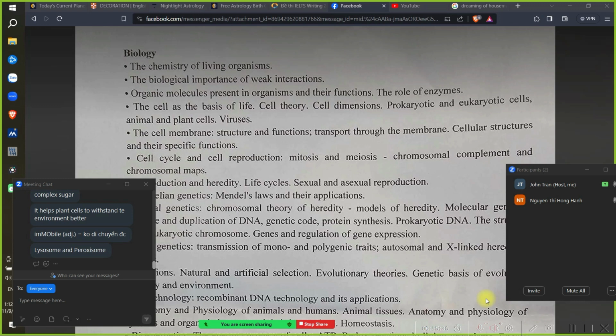There are a few phases within interphase. We have the growth phase, abbreviated G1. It is the longest phase of the cell cycle.